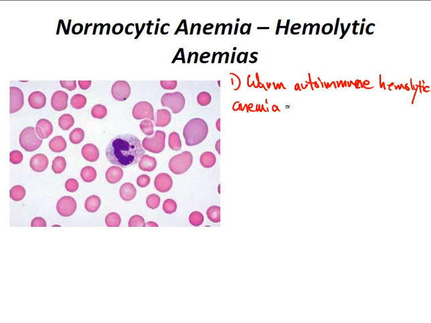You have IgG autoantibodies most active at 37 degrees Celsius. That's why they call it warm autoimmune hemolytic anemia.